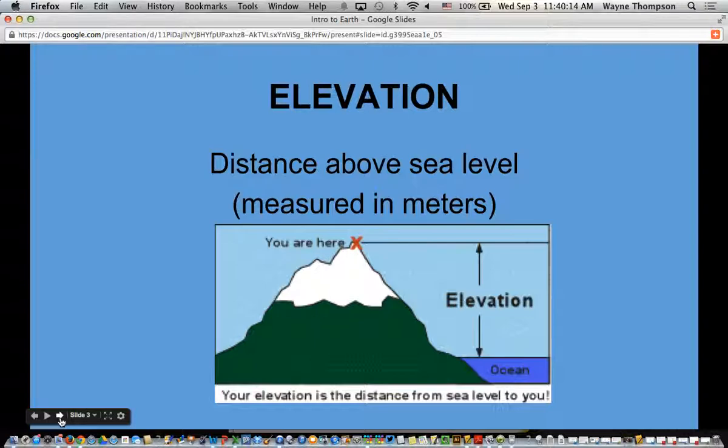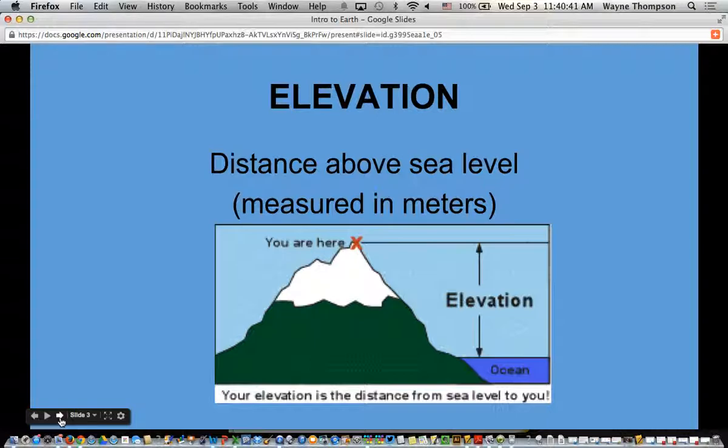Elevation is another term you're going to see in Chapter 1. Elevation is the distance above sea level. Here on Loma Prieta Mountain, this is us on a snowy day at the top, at the red X. Elevation is the distance that we are above sea level. You'll probably need to know this for the test.